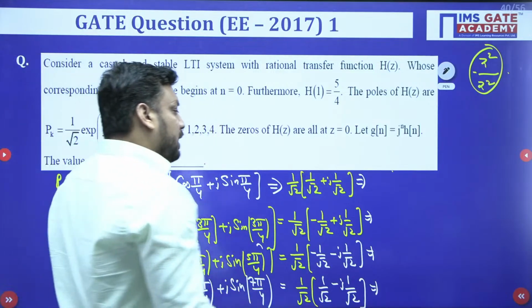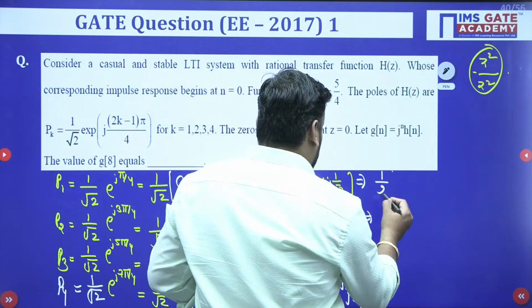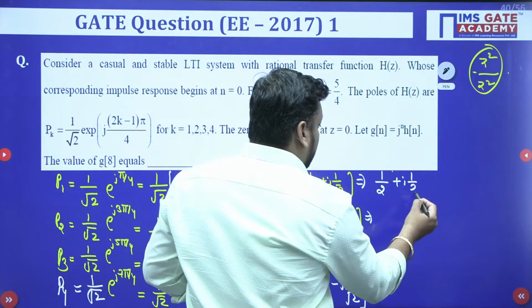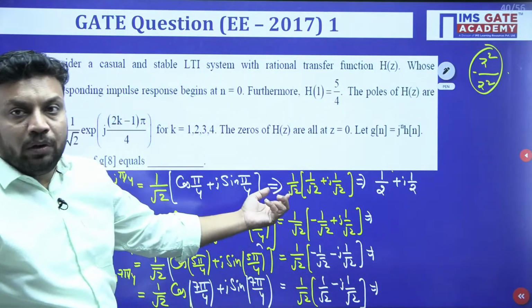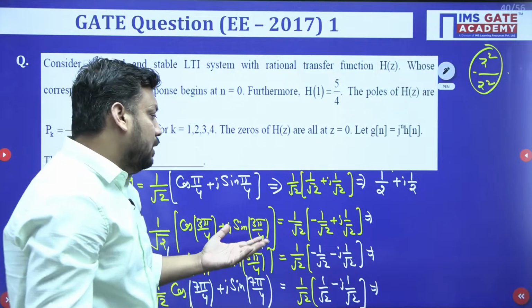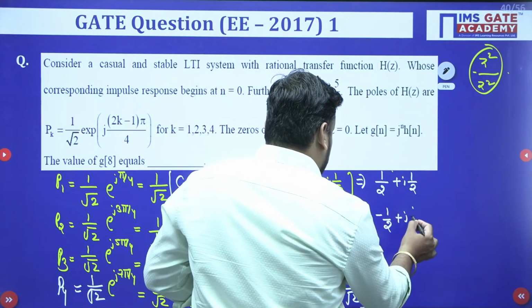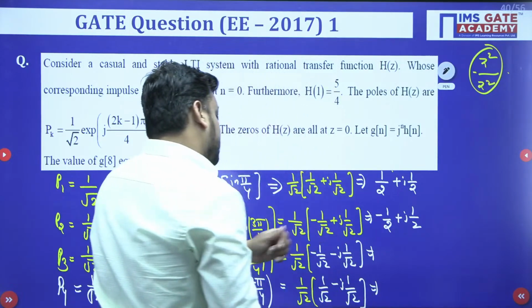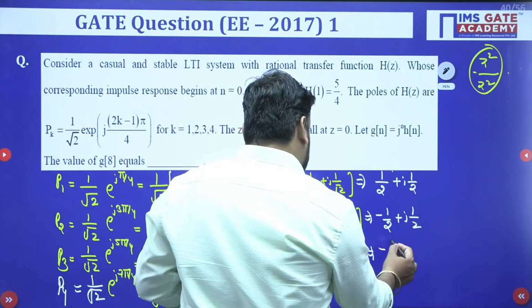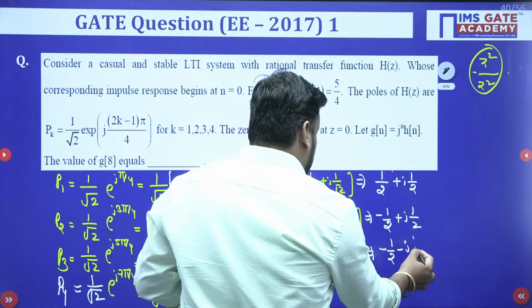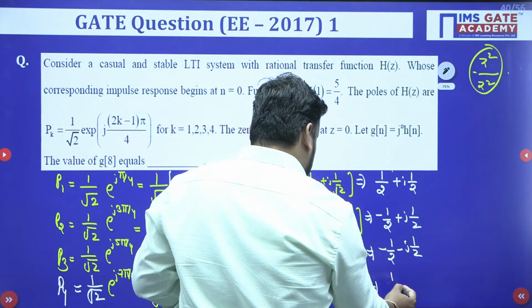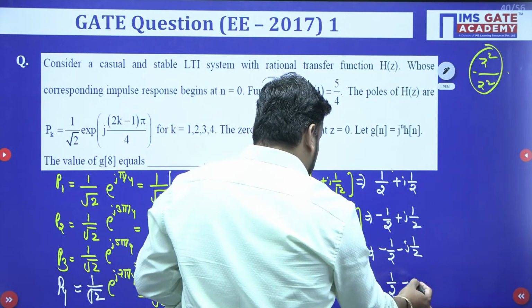Tell me, guys, can I say that P1 is nothing but half plus j half? Because when you open the bracket, 1 by root 2 will become 1 by 2 only. Here also you will get minus half plus j half, and finally here you will get 1 by 2 and minus j half.